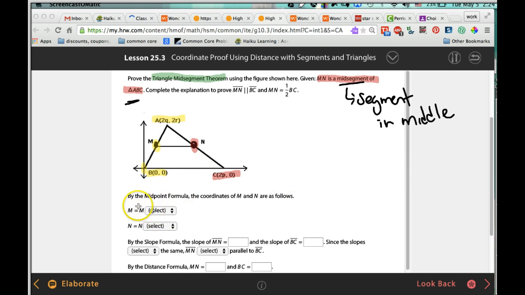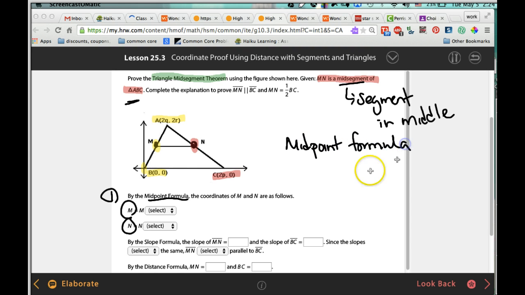So, what we have to do, this is the first step. Using the midpoint formula, you got to find the coordinates of M and N, okay? M and N. So let's go ahead and do that. So then you're like, Miss Choi, what's the midpoint formula? Well, lucky you because I'm going to tell you, right? Midpoint formula is very simple.